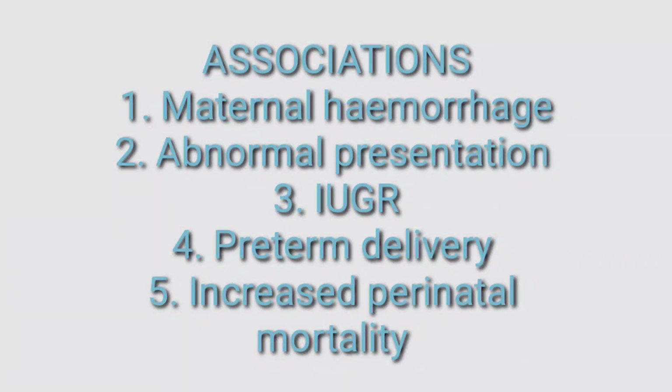IUGR, intrauterine growth retardation, is also associated with abnormal placenta, particularly placenta previa. Preterm delivery is also associated with placenta previa. And the last one, increased perinatal mortality, which may cause or be caused by placenta previa.